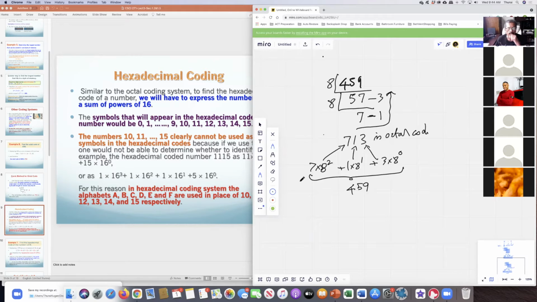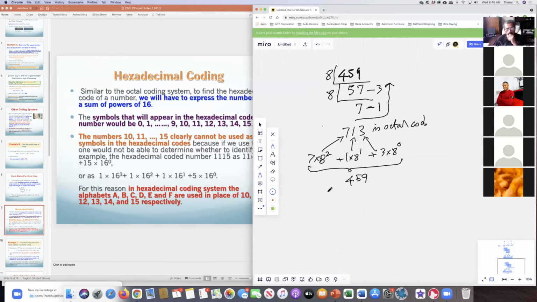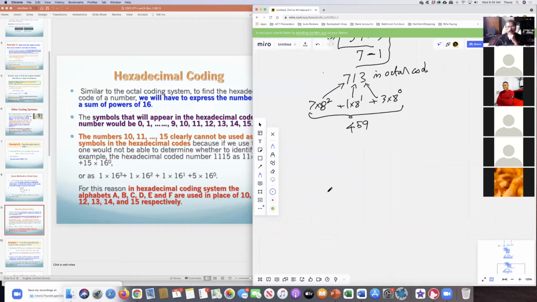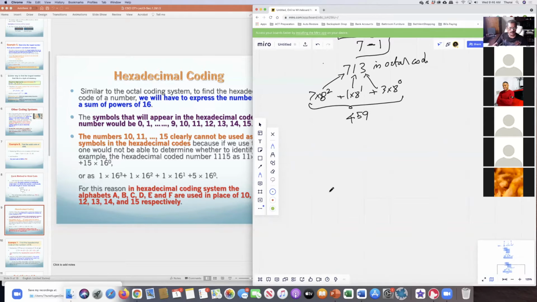All right. Now, when it comes to hexadecimal code, it's the same thing. You repeatedly divide by 16. And your remainders will make up the code because 16 is the base. But one other thing you learned in this lecture was about the digits.